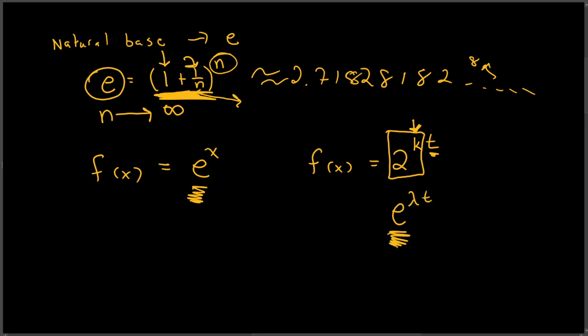And because e is common and natural, a lot of disciplines will use e as their base instead of this number. And we'll see when we work on the inverse, the logarithm, there are only a few calculator keys for logarithms, and e is one of them. So just be aware we can write the same thing, 2 to some power times t, as e to some power times t. And we can make these two things equal.